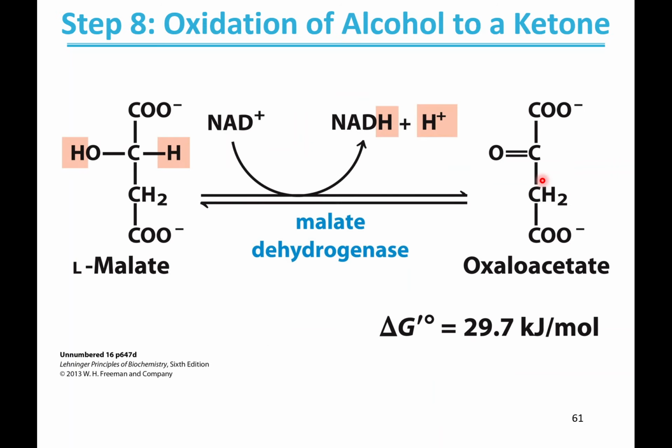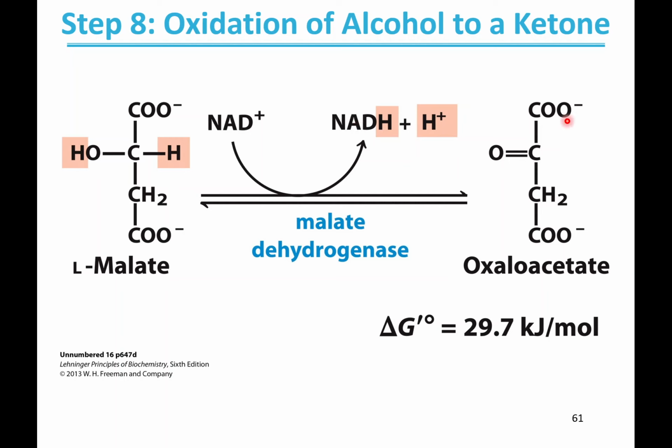Okay, the final step in the citric acid cycle, we have malate being oxidized to oxaloacetate. Right, so we're oxidizing that alcohol group on malate, reducing NAD to NADH.